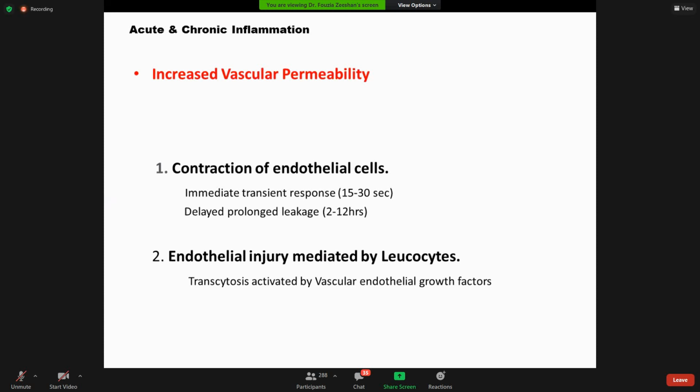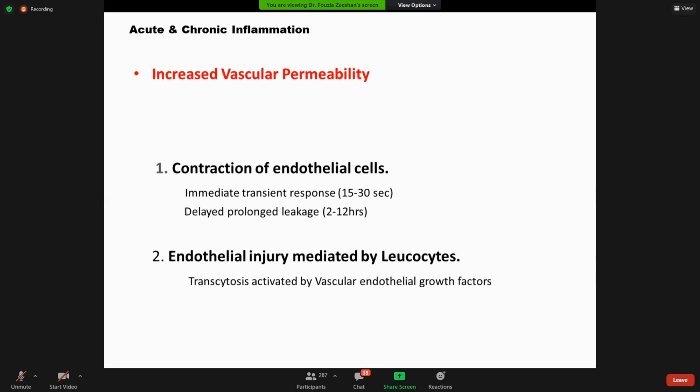Actually, in case of a normal healthy endothelial lining, the leukocytes will not get attached to the endothelial linings. But in case of endothelial injury, the leukocytes form attachments along with the injured endothelial cells, and they further enhance the injury of the endothelial cells.